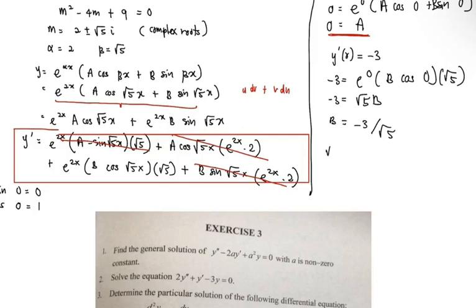So y will be e to the power 2x, a is 0 so it cancels out, b is minus 3 over root 5, sin root 5x. Alright, this is our final answer.